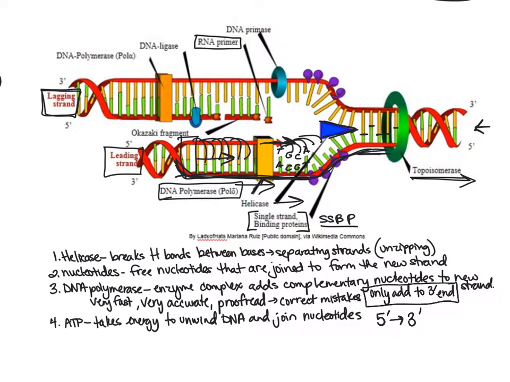So what does that mean? If you look at the illustration here, you can see that there's a 5' here. This is the 5' end of this strand of DNA. And if you follow this strand, it winds around and goes along this way. This would actually end up being the 3' end on the other side.